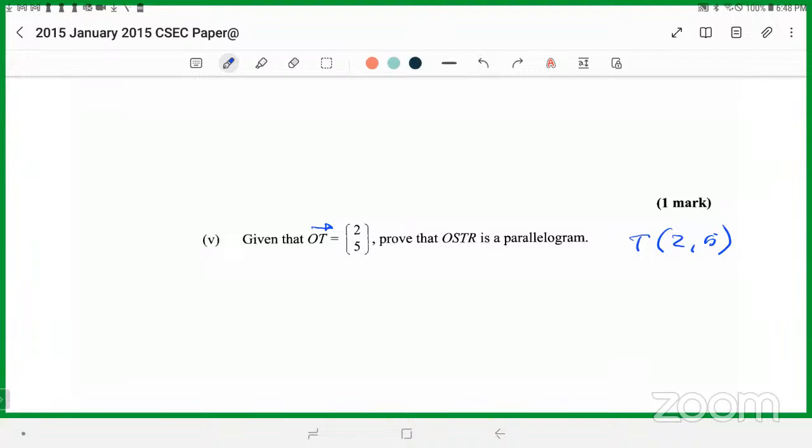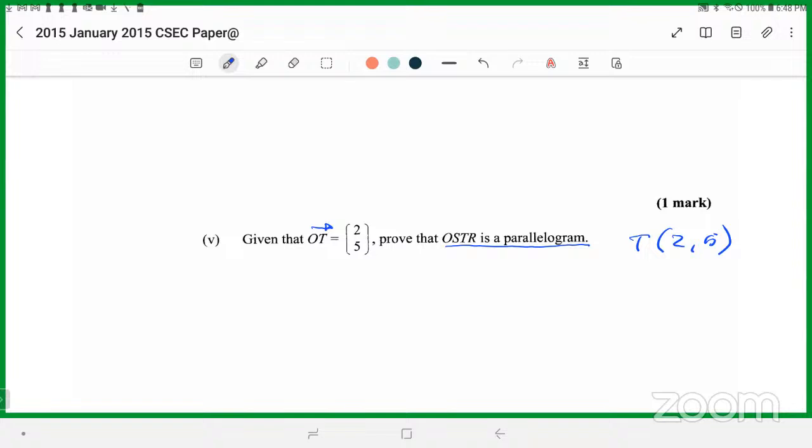So we have to show that it satisfies the property of a parallelogram, which is that it has 2 pairs of equal opposite parallel sides. So if it's a parallelogram, the opposite sides are equal vectors because equal vectors are parallel with the same length.